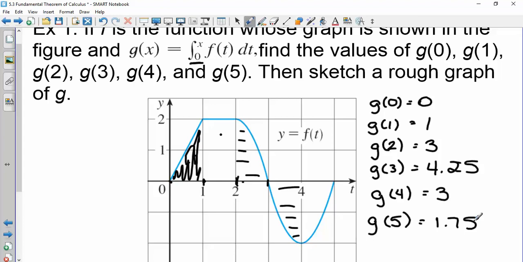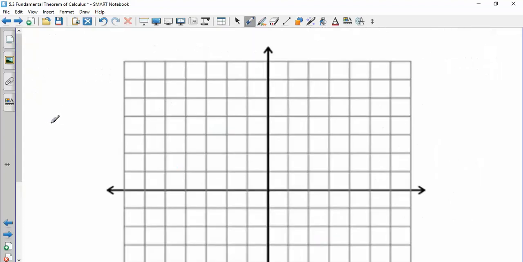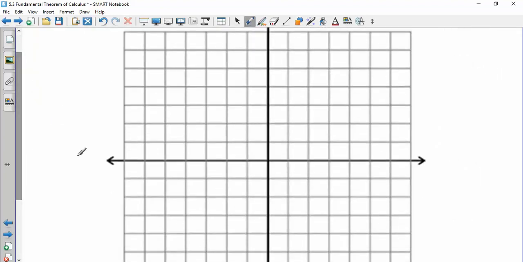So next, I want you to draw the graph of G. So really, we just have to plot those points. G of 0 was 0. G of 1 was 1. G of 2 was 3. G of 3 was 4.25.